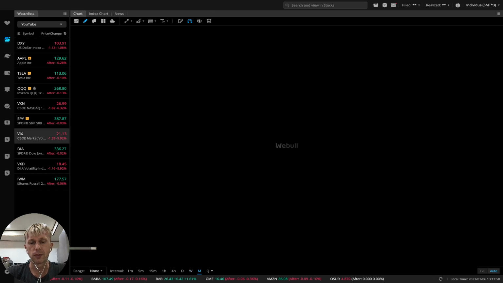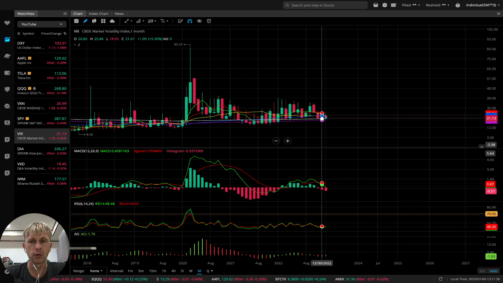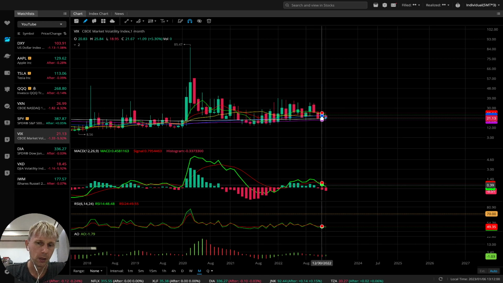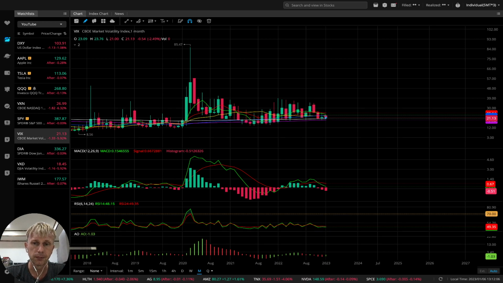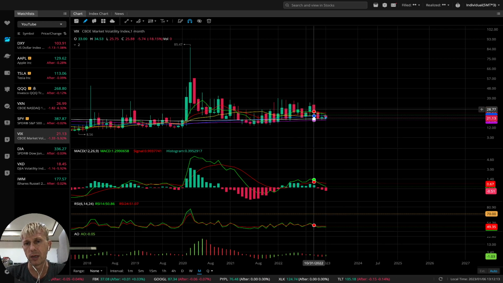Let's check VIX. VIX volatility index, bearish trend on monthly, right? Bearish trend on the moving averages, on MACD bearish crossover, on RSI bearish crossover, on the oscillator it's green. On one indicator it's green, on all other indicators it's bearish.